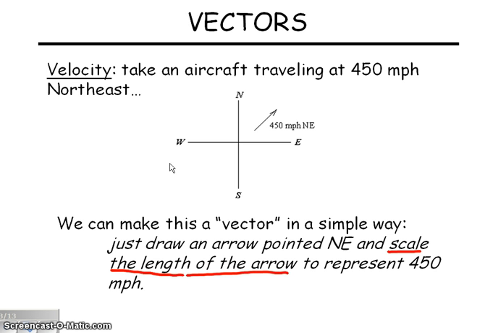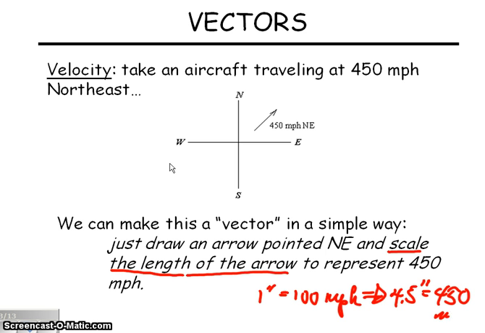So maybe you say 1 inch equals 100 miles per hour. Then you know that 4.5 inches would equal 450 miles per hour. So you'd make a line 4.5 inches long. If that's an inconvenient scale, then you could use 1 centimeter per 100 miles per hour, or 4.5 centimeters, to represent those quantities. But you need a scale in order to draw this properly.